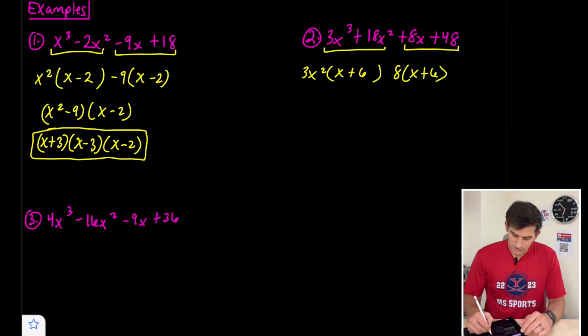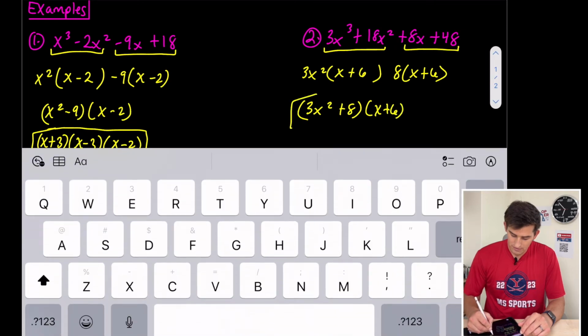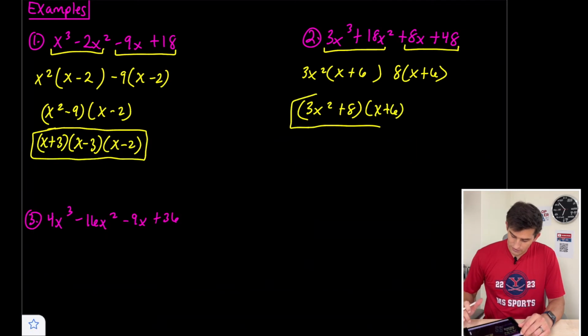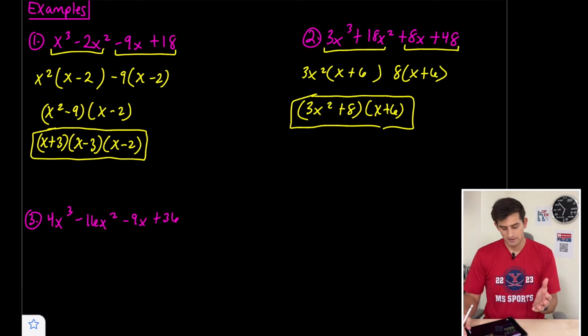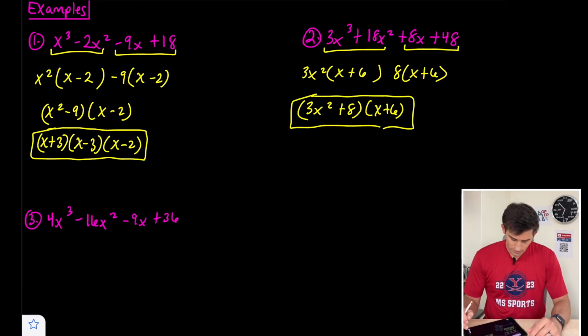So now we can pull together our 2 monomials, 3x squared plus 8, and we have our binomial x plus 6. Now there's nothing else that we can do with this one, so it is factored completely at this point.